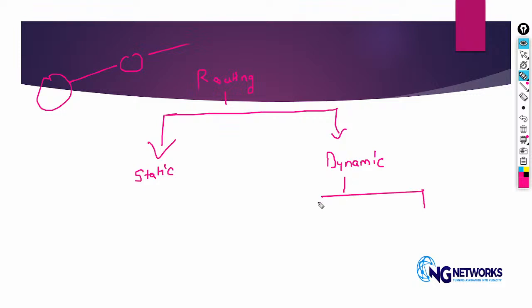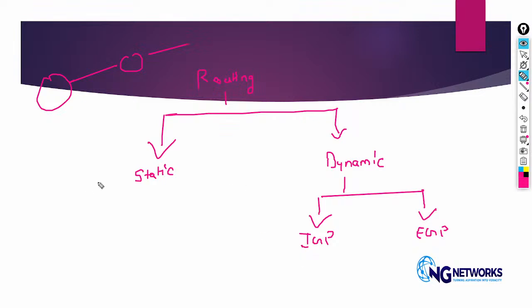In dynamic routing, we have two different types of protocols. One is an IGP protocol and another is an EGP protocol. IGP stands for Interior Gateway Protocol and EGP stands for Exterior Gateway Protocol. So IGP is the interior one and EGP is the exterior one.